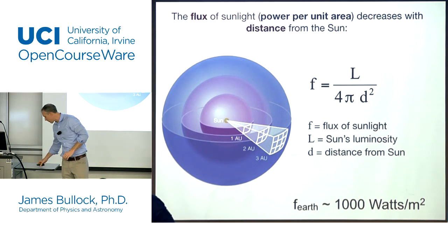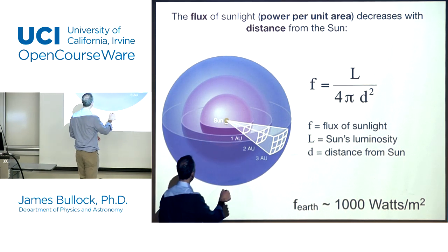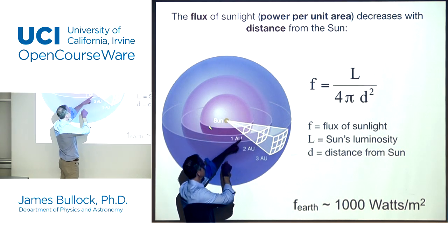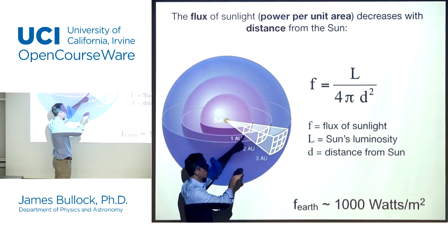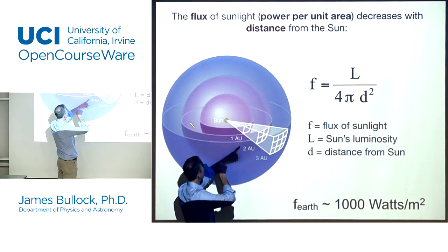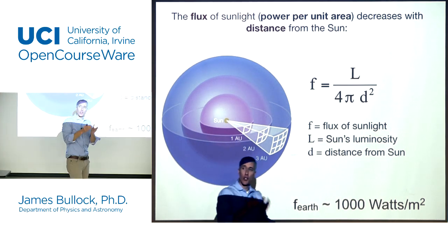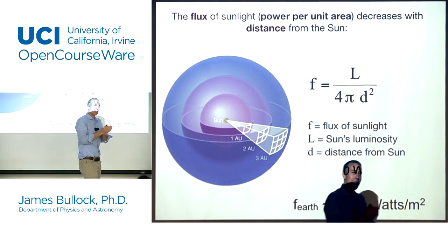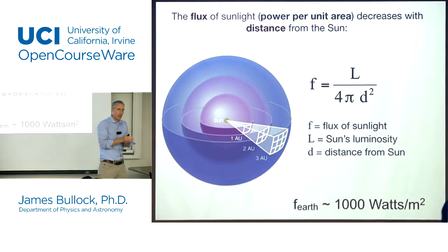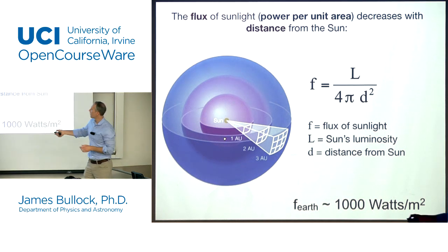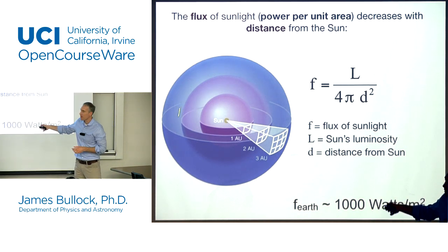So you might have a group of photons that come out, and you wait a little while, and now that same group of photons is spread out over a big sphere. And you wait a little bit longer, that same group is now spread out over an even bigger sphere, and an even bigger sphere. So the energy per unit area being delivered by light from the sun is falling off with distance. And in fact, it's falling off inversely proportional to the area of that sphere.